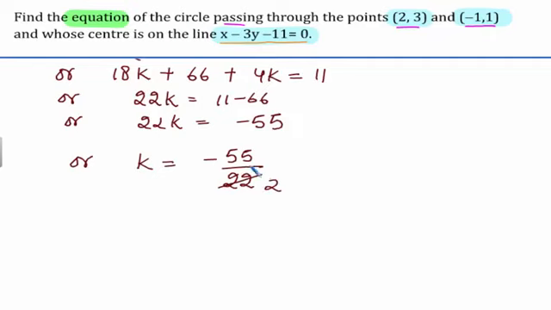So we have 11 2s are 22 and 11 5s are 55. So we have minus 5 upon 2, the value of k.